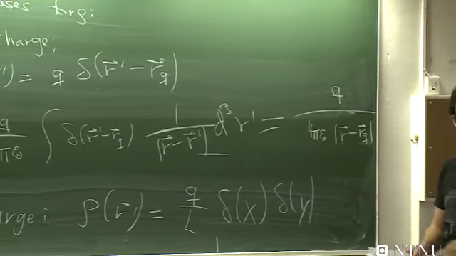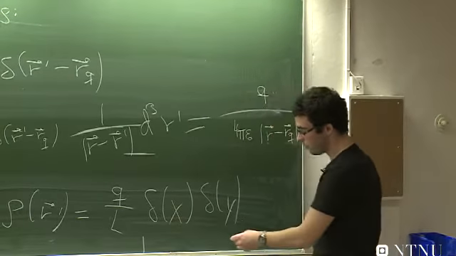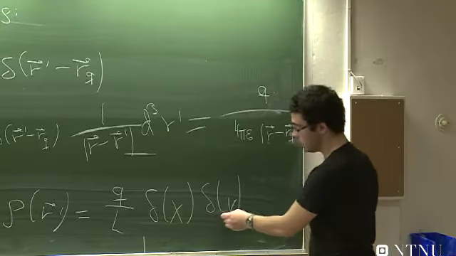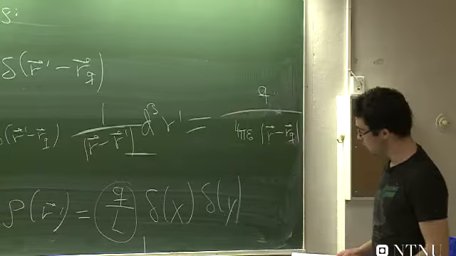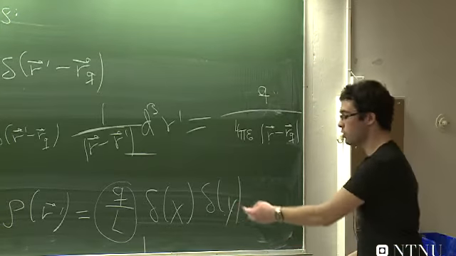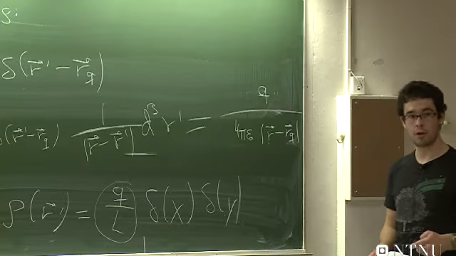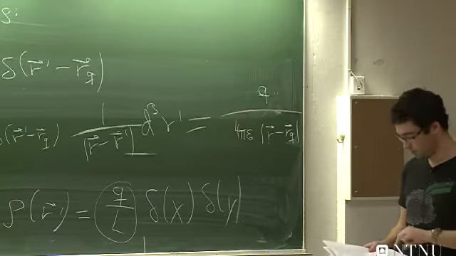Now this is a line charge stretching out along the z-axis, which is infinitely thin because of these delta functions, and it has some charge per length. Okay, and same if you have a surface charge, then you just put one delta function, which is transverse to the surface.